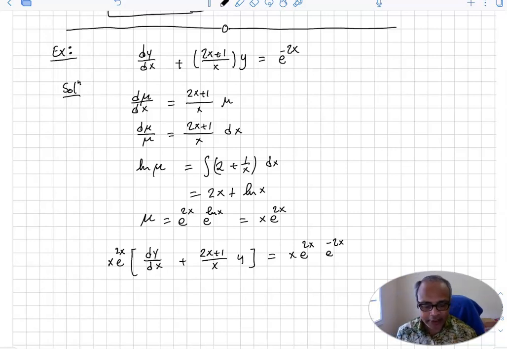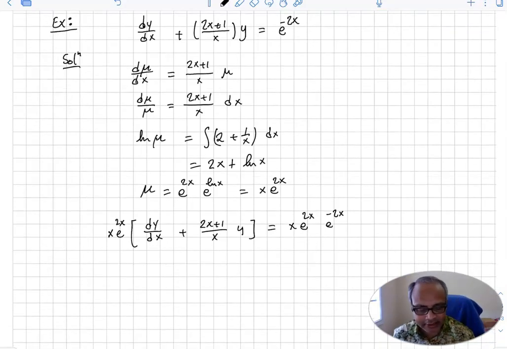Now the point is that in this exercise, a little work looks like on the left hand side, but keep in mind the idea of the integrating factor is that after you multiply the left hand side, you should get a product rule on the left hand side, meaning that the left hand side should be in the form of x e to the power 2x times y.